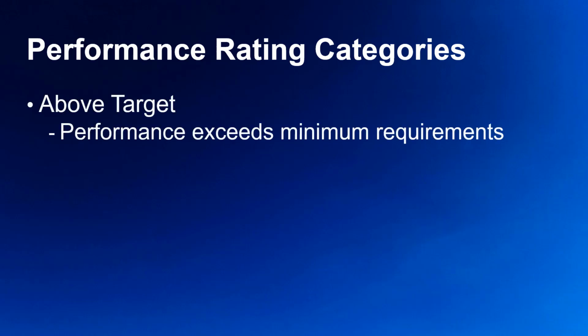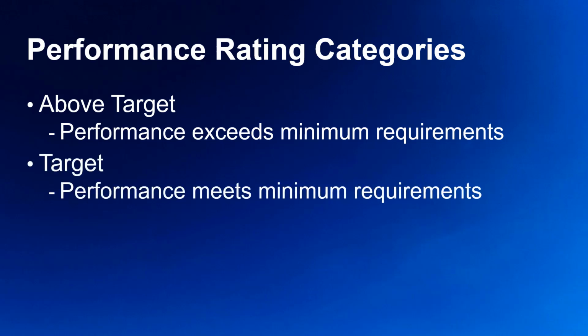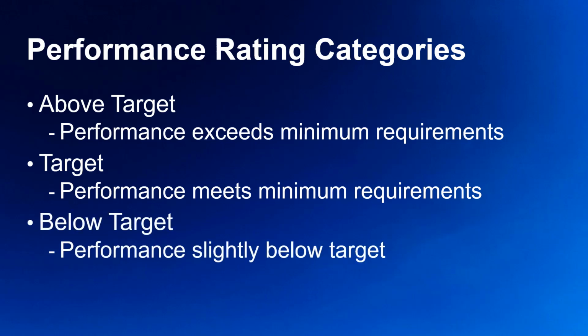First, we have above target. This means that your performance exceeds minimum requirements. Second, there is target, which indicates that your performance meets the minimum requirements. Third is below target. This level denotes a performance that is slightly below target and fails to meet the minimum requirements.